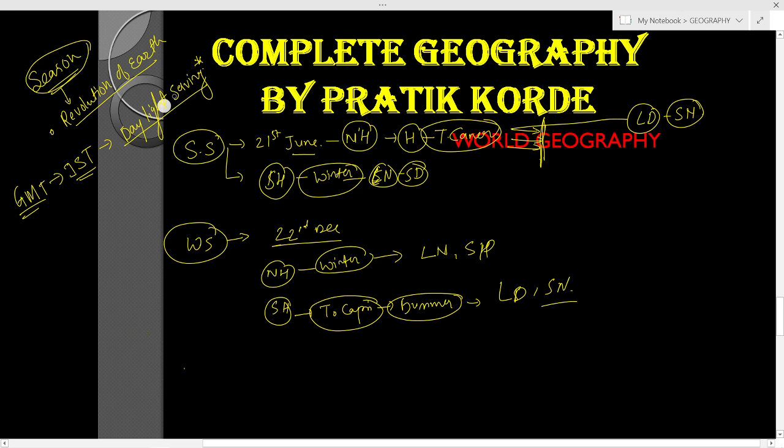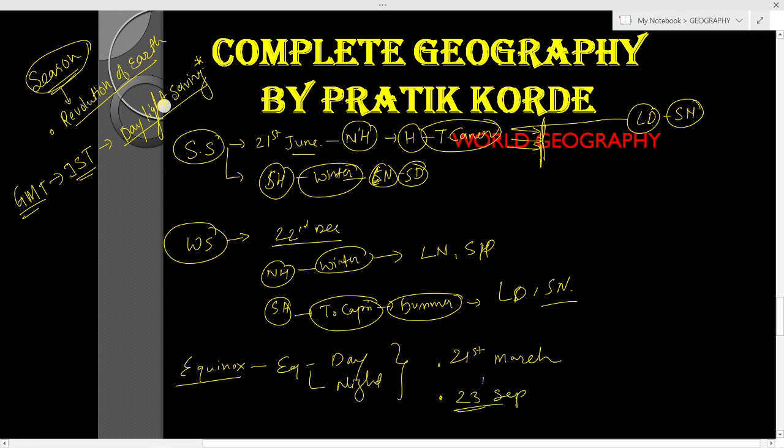Then comes the equinox. Equinox means equal day and equal night. It comes on 21st March and 23rd September, where both day and night will be equal.